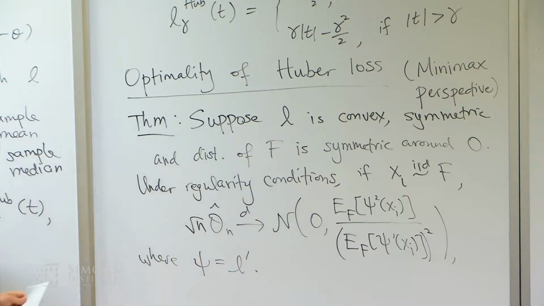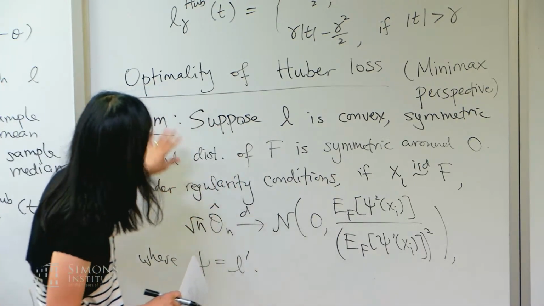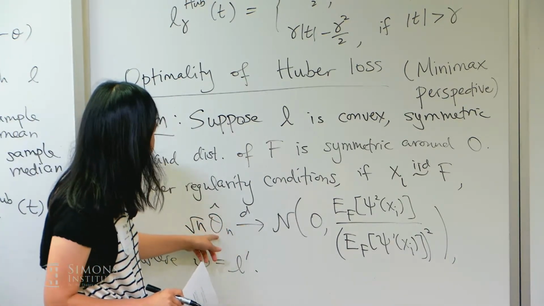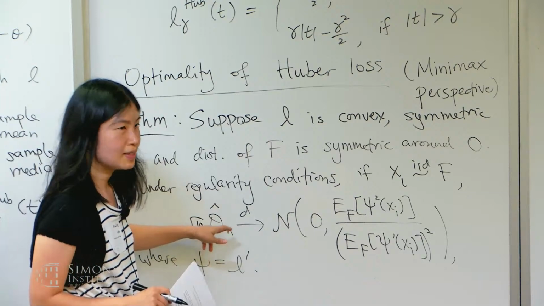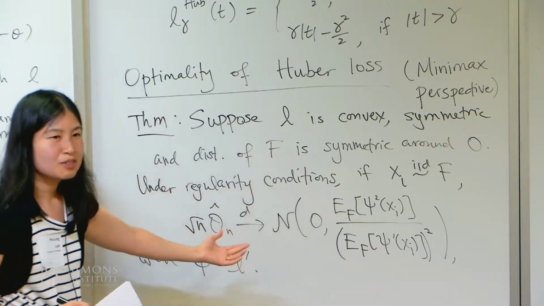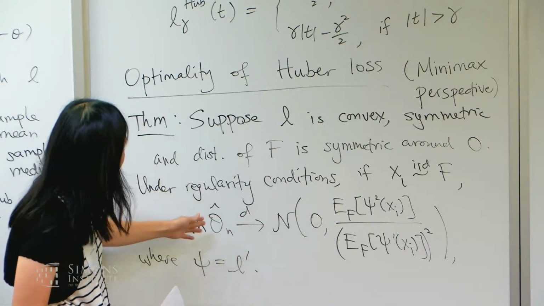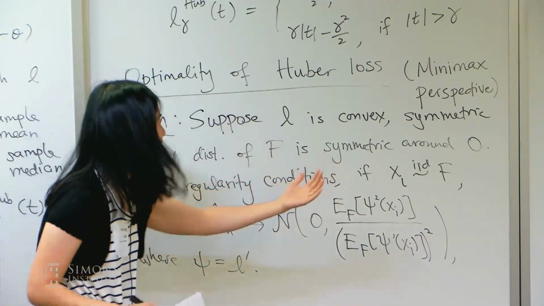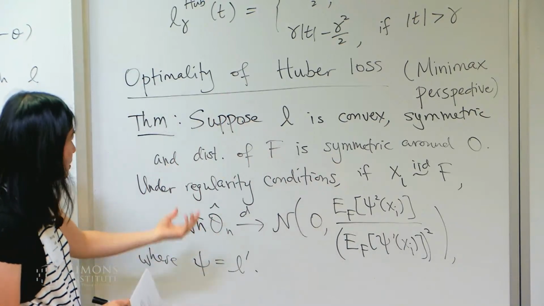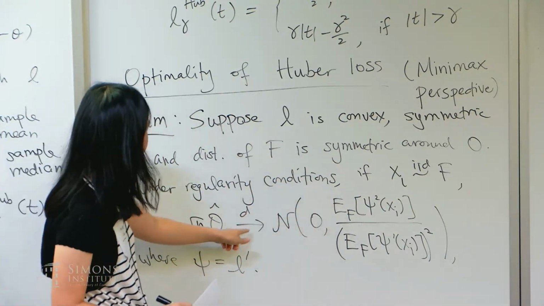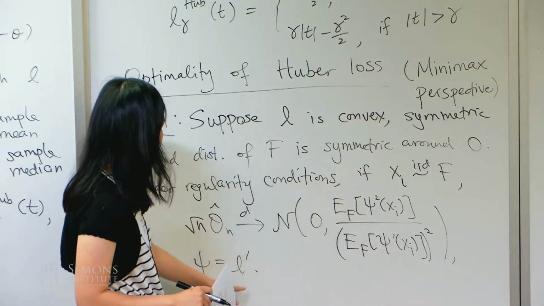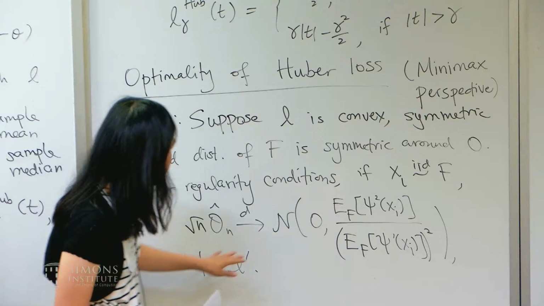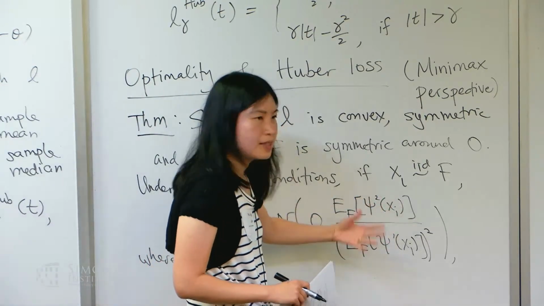Let's soak this in a little. You're looking for convergence of the M-estimator theta hat n to the true parameter. Where did the true parameter go? We've recentered everything so that we're estimating 0. If the data are distributed according to a distribution centered around 0, we want to know how quickly my M-estimator with a particular loss converges to what it's estimating. This is the nice form of the asymptotic variance.